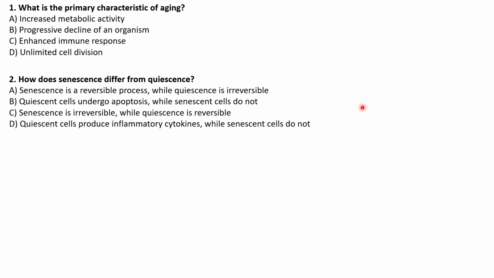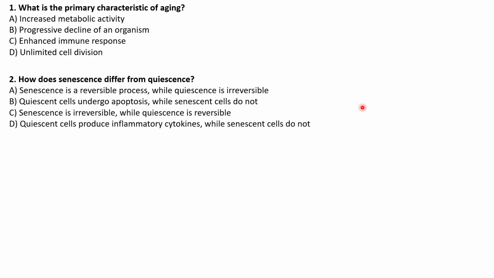And quiescence, as you guys know, is the G naught stage, right? The G0 stage, as a part of interphase, is somewhere where a cell can go and essentially not divide for some time. It could be because of lack of nutrients, or it could be because of some signaling or crowding or something, and that can lead the cell to make a decision that it's not optimal to divide at that time, so it can go into quiescence.